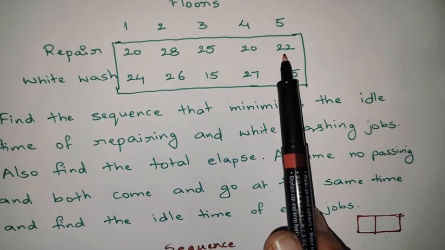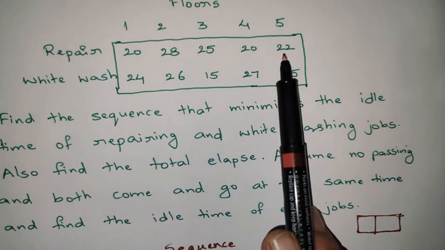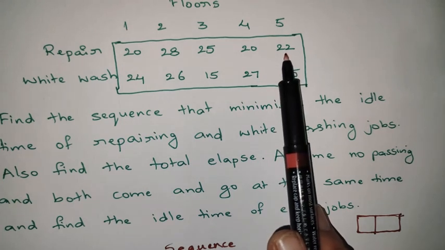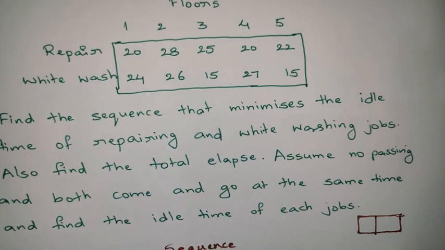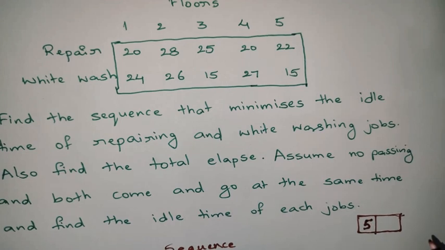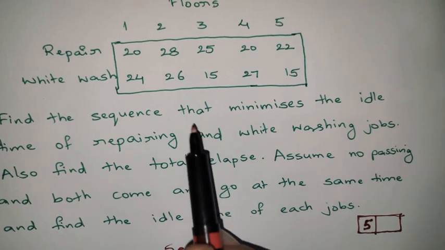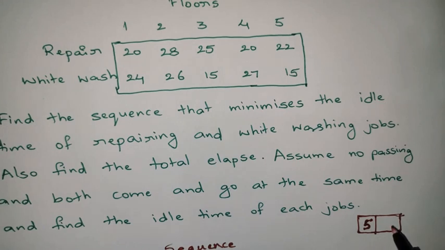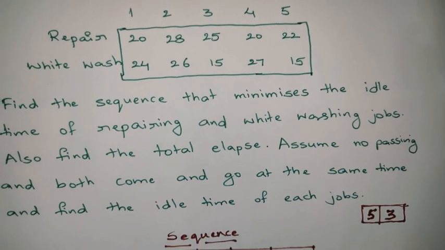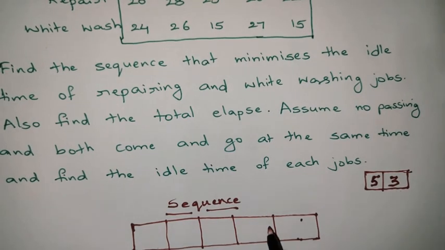So if the minimum value exists in the first process, we need to write it on the left side of the table. Then I am going to write 5 here, and the other, 3, here. Now write the same here, the values 5 and 3.